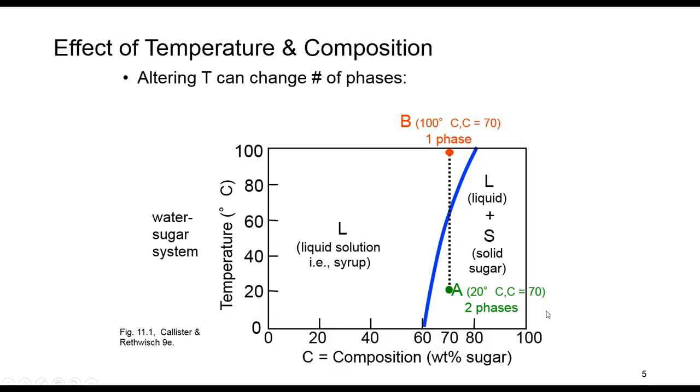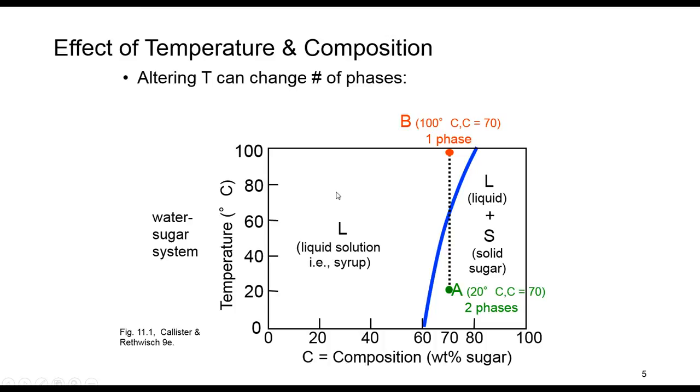As you can see, raising temperature from point A to point B actually changes the number or the type of phases. At A, the temperature is 20 degrees, the composition is 70. At B, we have the same composition but higher temperature.